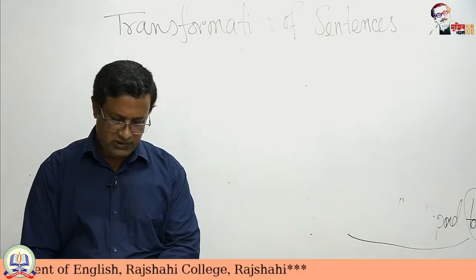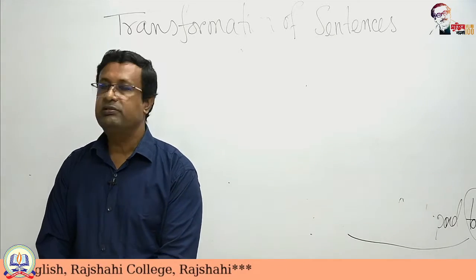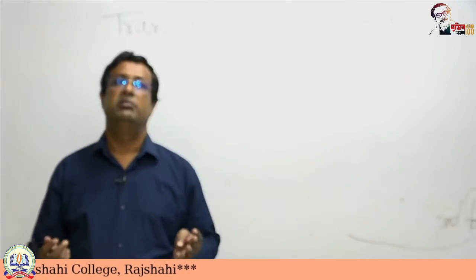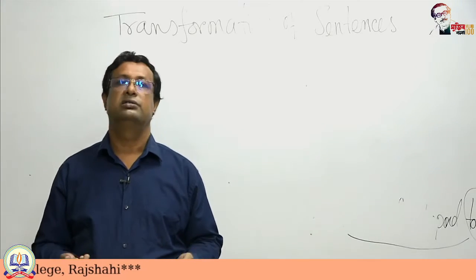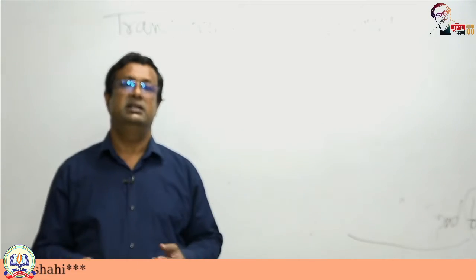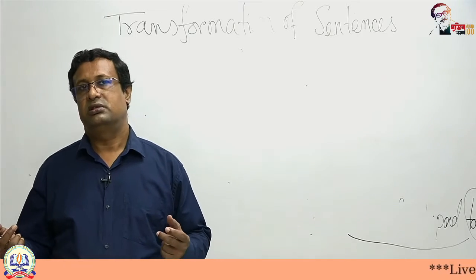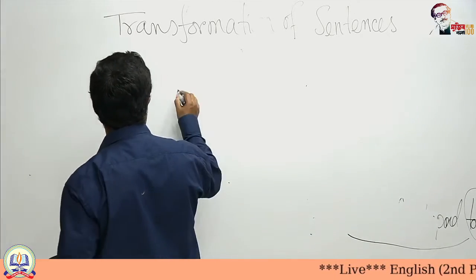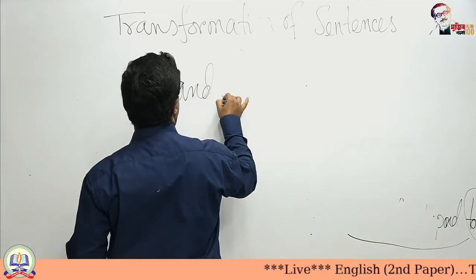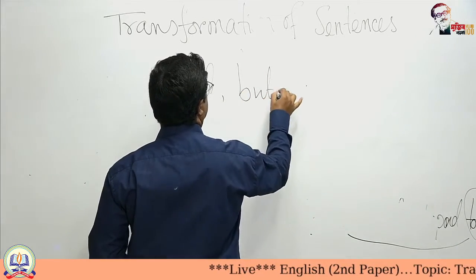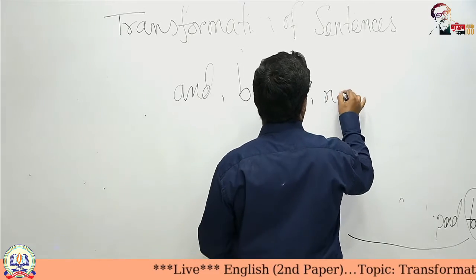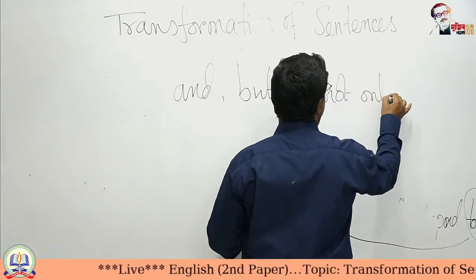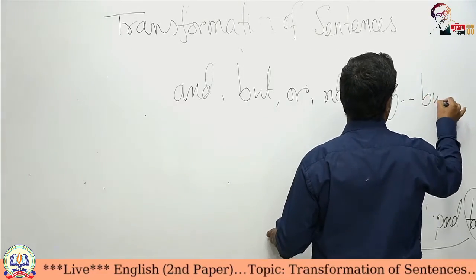So, in a compound sentence usually we have the conjunctions and, but, or, not only, but also.